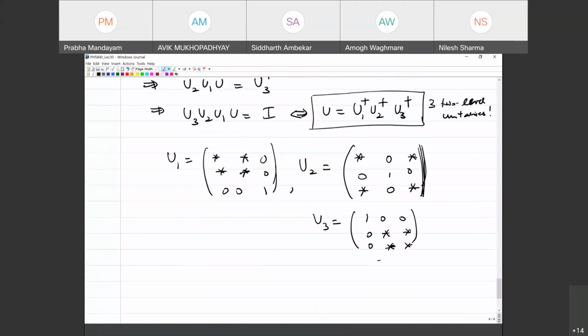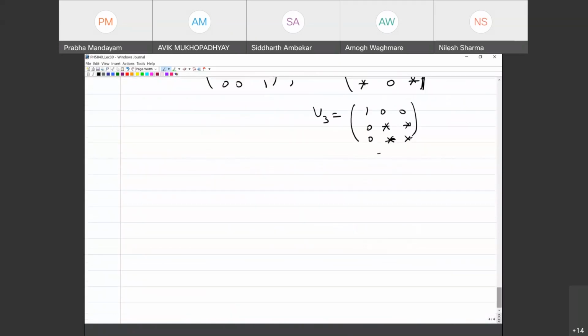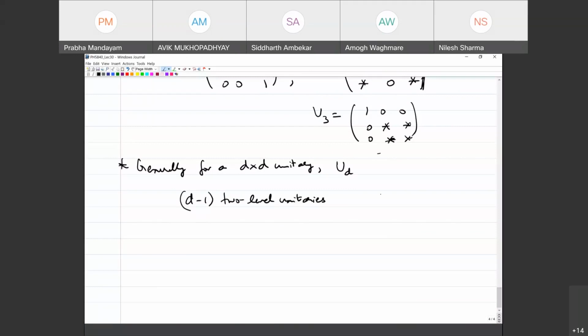Now, I will wrap up with this last argument to extend this for a D cross D case. Okay. So for a D cross D unitary, let me call that U sub D. Using D minus 1 two-level unitaries, I can get it to this form.